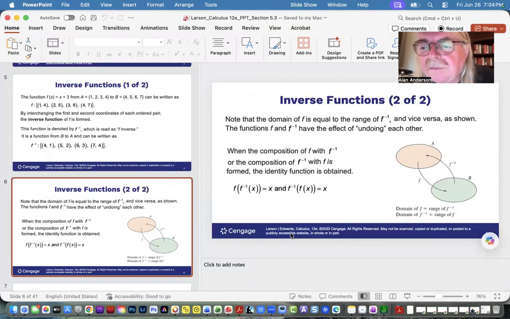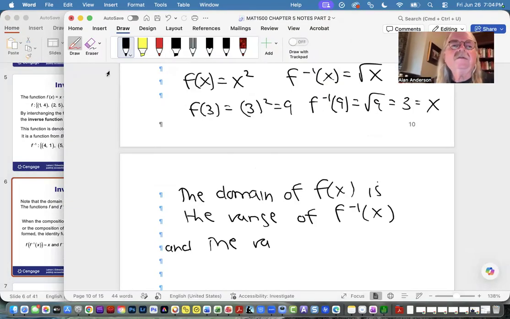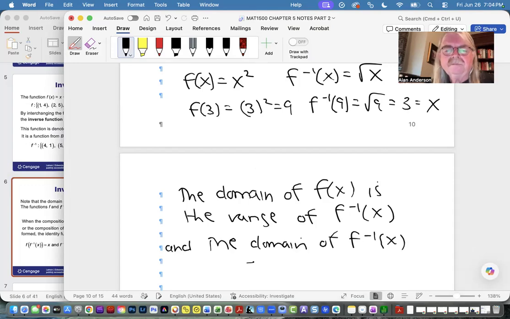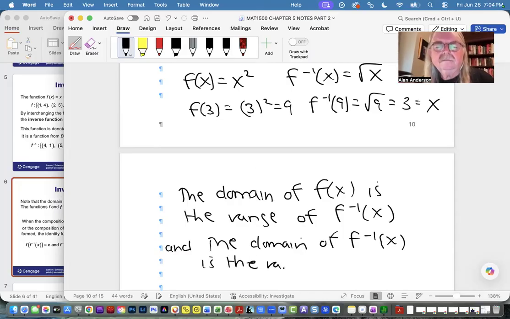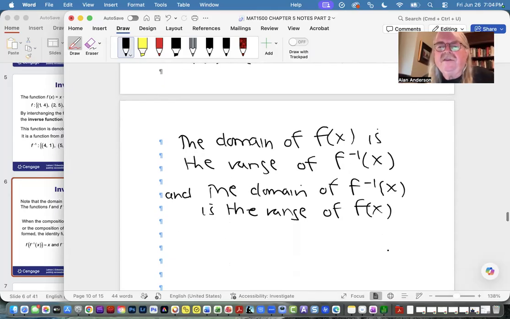Let me follow along with the way they're putting it. So in other words, the domain of f of x is the range of f inverse of x. The domain of f inverse of x is the range of f of x.